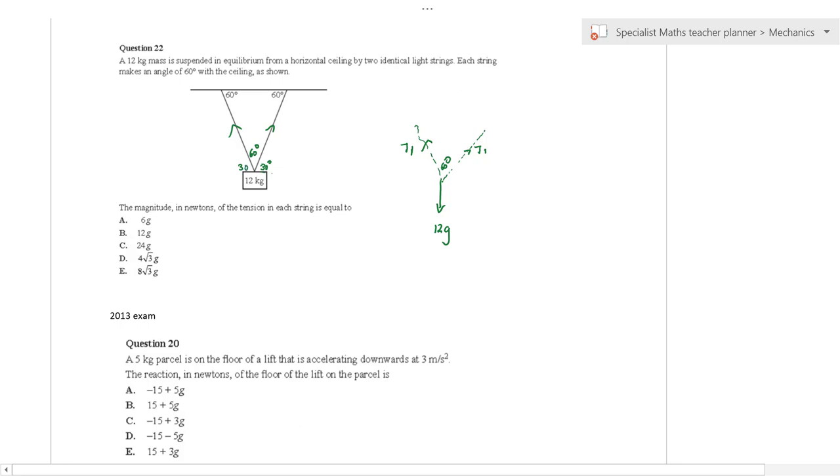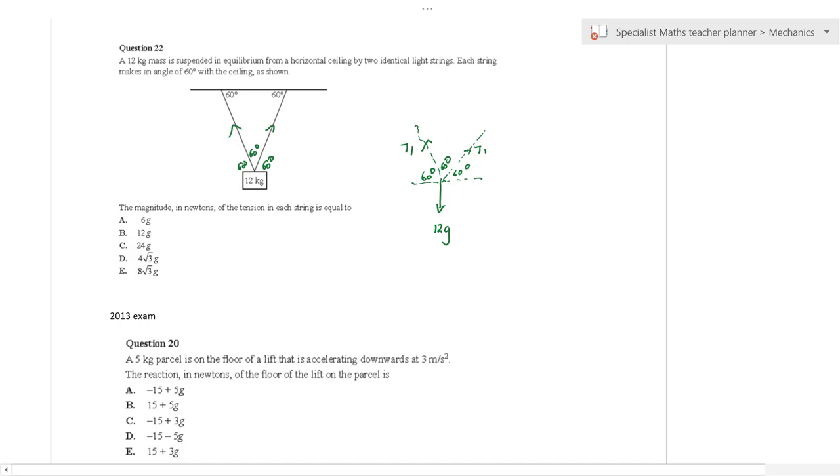No, no, no, that's just silly. That's going to be 60 degrees in there, and that's going to be 60 degrees in there. So that's 60, and that's 60.